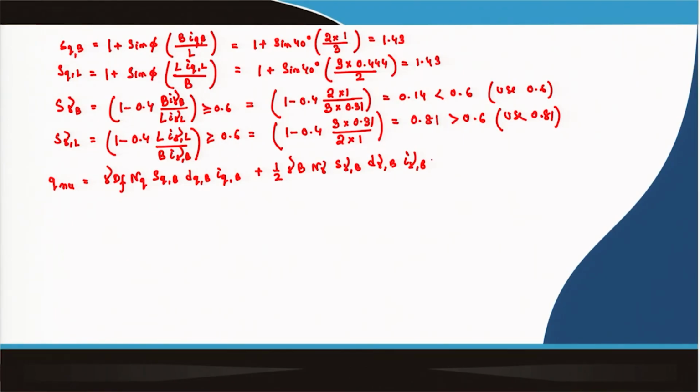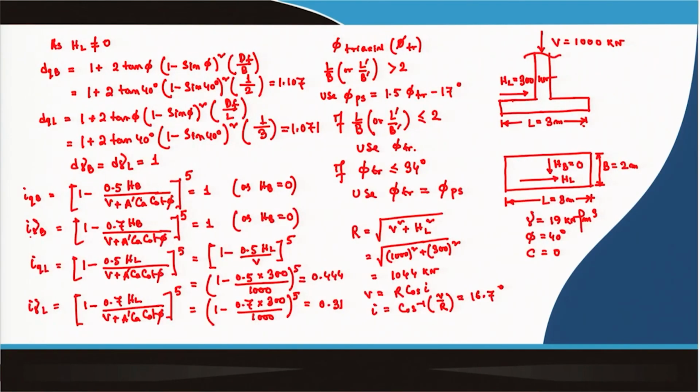So, that is minus gamma df. Now I put gamma is 19, df is 1. The depth of foundation is not given, so the depth of foundation df is equal to 1 meter.